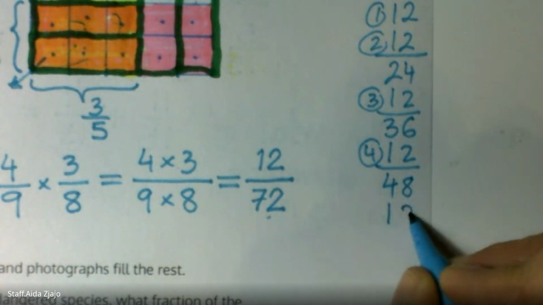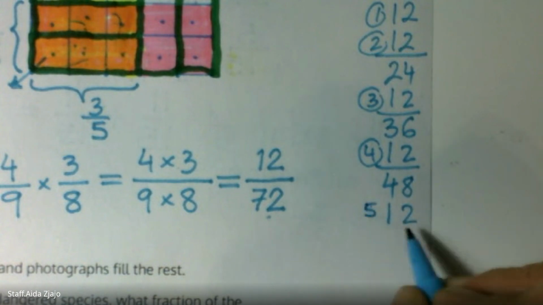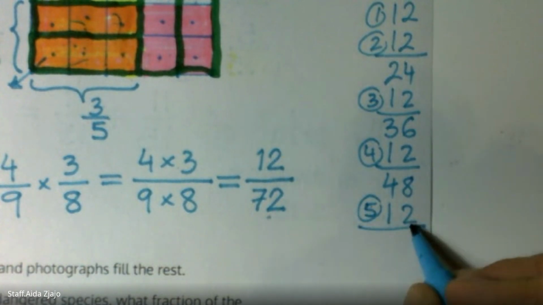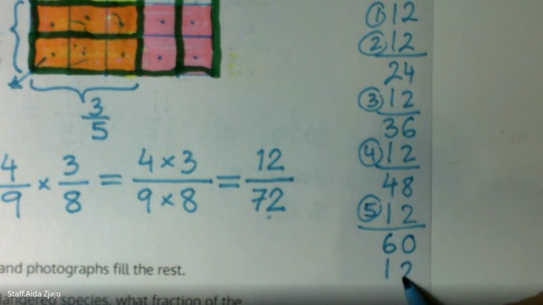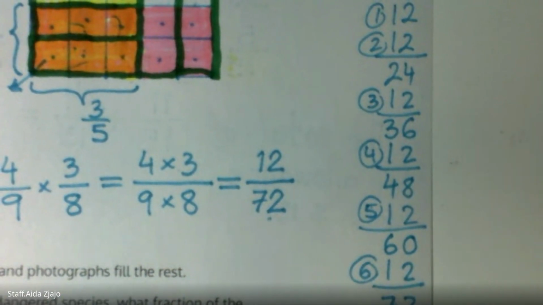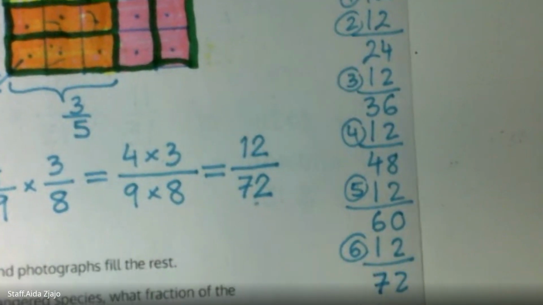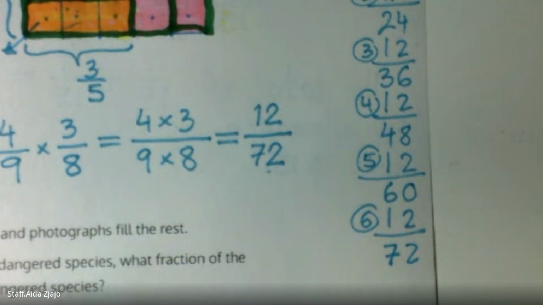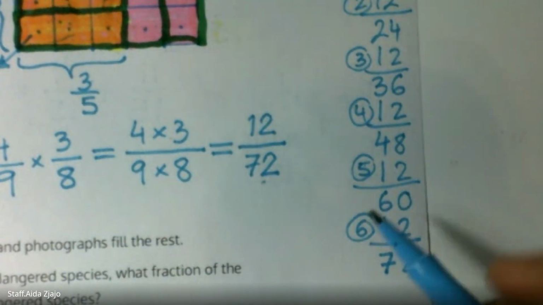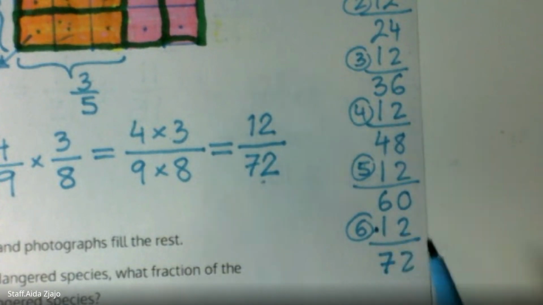Then if I add 12 more, that would be the 5th, so that's 60. And then I'm adding one more, and that is 6, and that is 72. So I can see that if I add by 12s, there are 6 12s in 72.